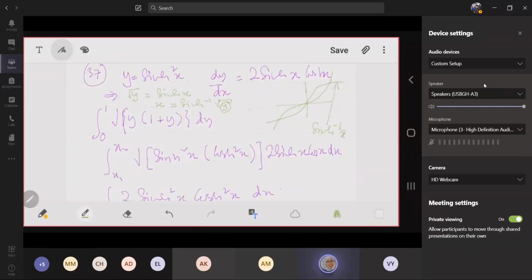Okay, so when we put 1, what is inverse sine of 1? 0.88. Hmm? So what is the expression for sine to the minus 1?